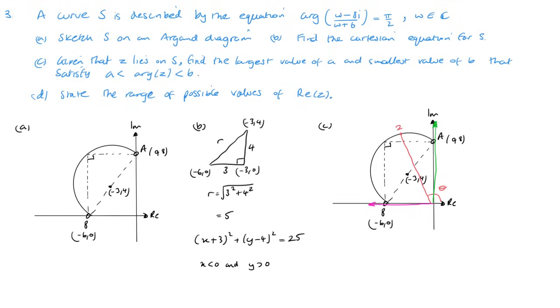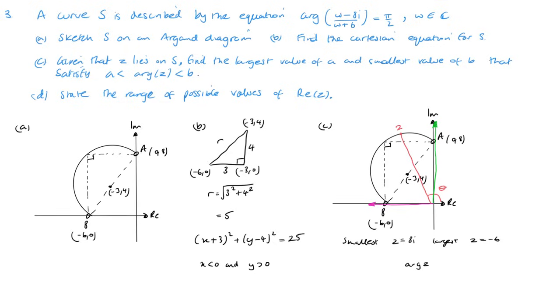Let's use Z because we're dealing with complex numbers. So the smallest is Z equals 8i, and the largest is Z equals minus 6, which is what I showed you on the diagram.